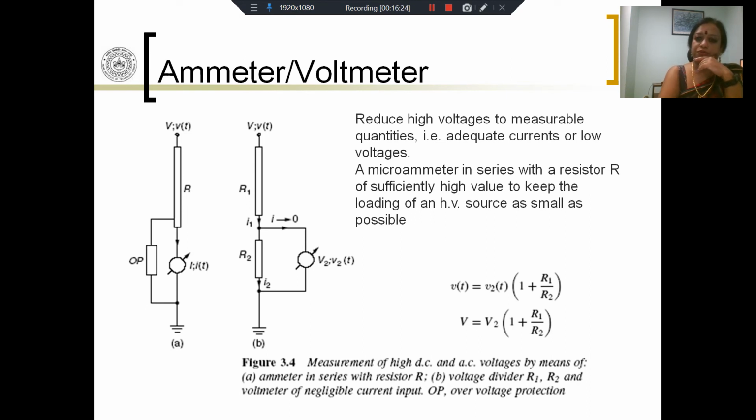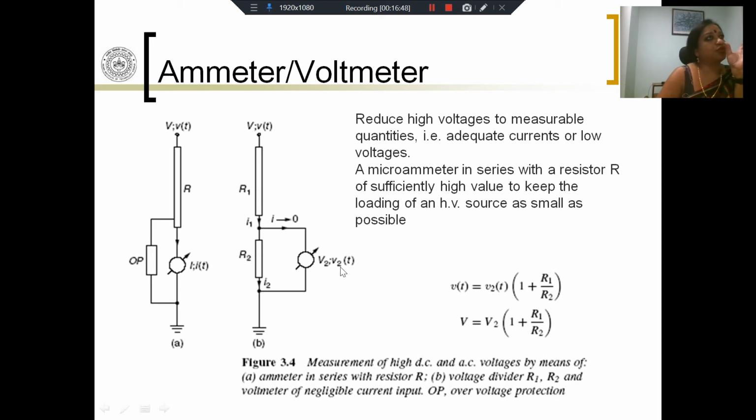We also use ammeters or voltmeters where we have some mechanism to reduce the high voltages that we want to measure to measurable quantities. So if you want to measure a high voltage capital V, it is reduced to either a small current I, a measurable current magnitude, or a measurable voltage magnitude.